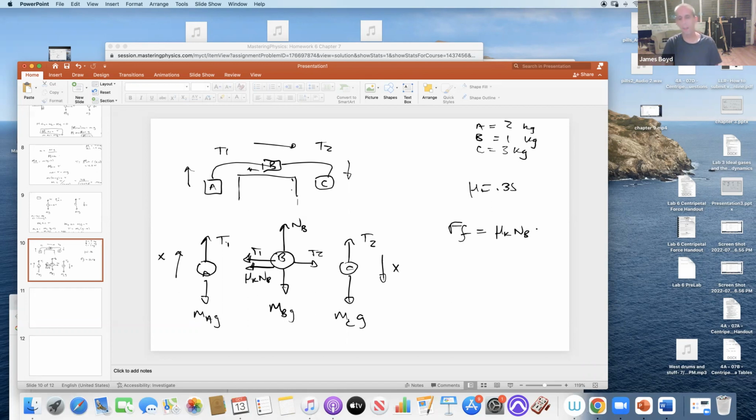The book has a minus sign because it opposes the direction of travel. Now, the Y direction for MB is NB minus MBG, and that's equal to 0 because B can't leave the surface, and that tells us that NB is MBG. We already know that, but fine.